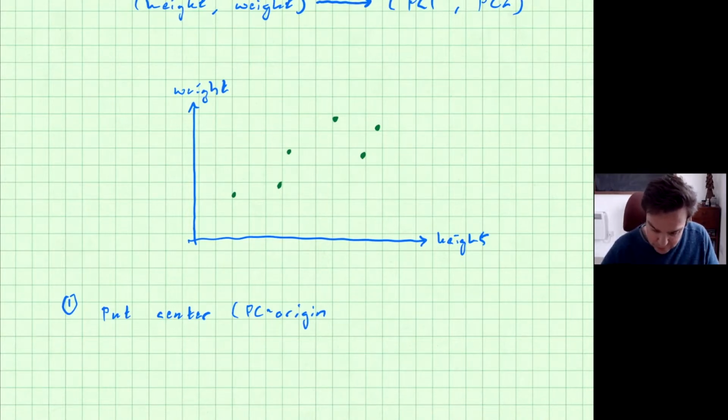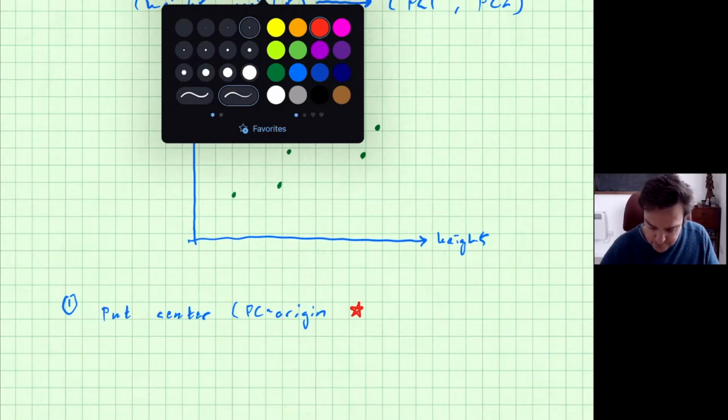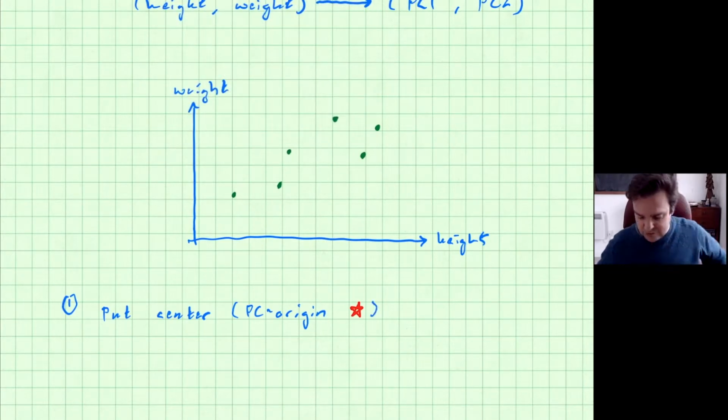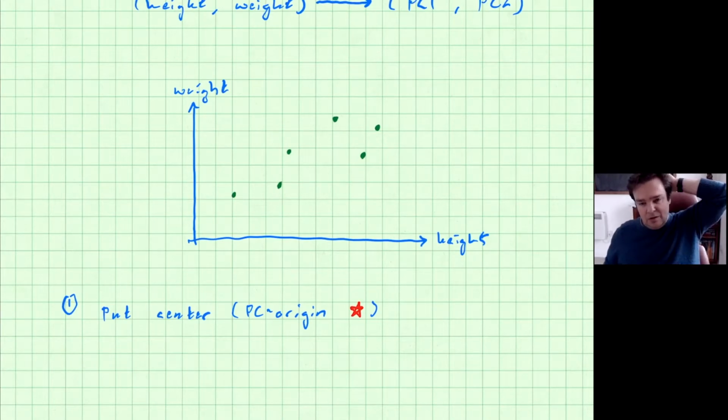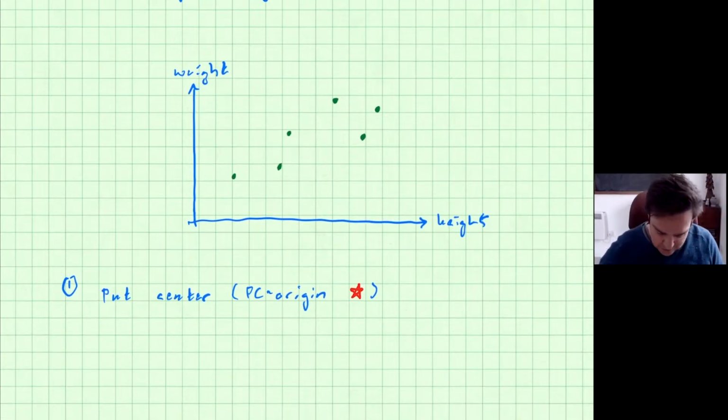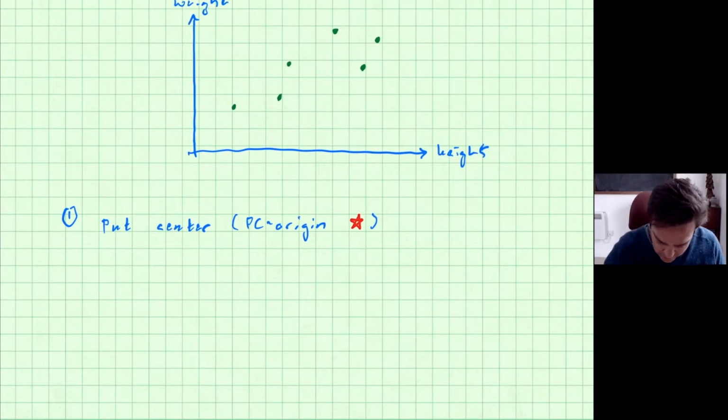I don't know if you know what that might be. If you have some idea, what might be the most natural place? So I'll make this a red star. You should think about it for a second before I just yammer on with the answer. But so the idea is that the center should be at the following.